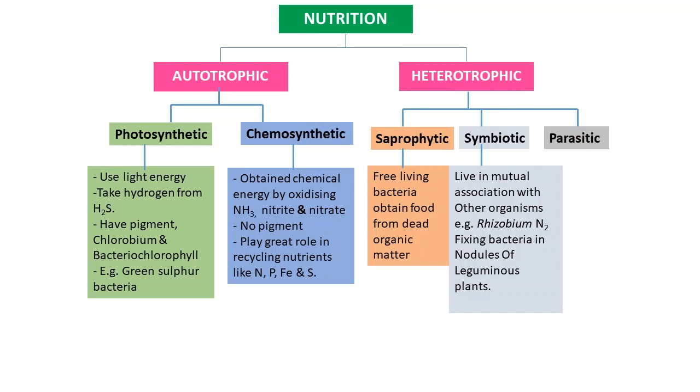Repeating, in the symbiotic mode of nutrition, two organisms live in mutual association with each other. The example is Rhizobium, which helps in nitrogen fixation, which lives in the root nodules of the leguminous plants, means pulses, gram, pea, beans, etc.